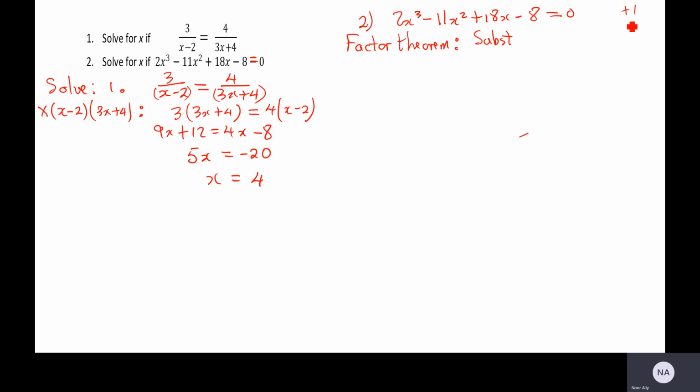Plus or minus 1, plus or minus 2, and so on, until you get 0. So in this case, 2x cubed minus 11x squared plus 18x minus 8, 1 doesn't work, minus 1 doesn't work, plus 2 works. So f of 2 gives me 0. Therefore, x minus 2 is a factor.